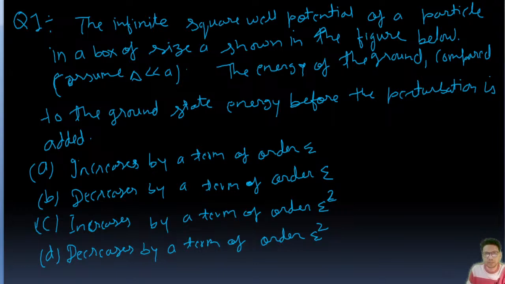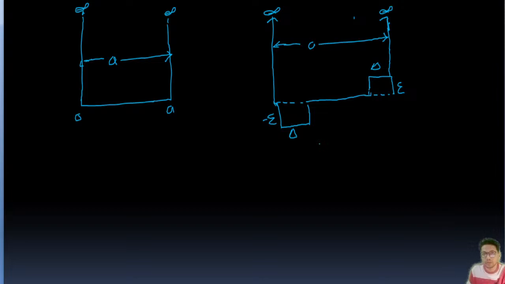I think we have made some mistake here in the question. The infinite square potential in the box of size A is modified as shown in the figure below.